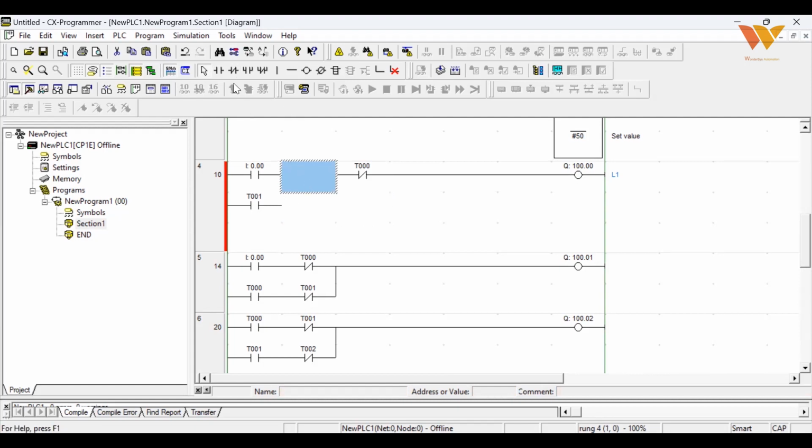Yes, ma'am. Okay. Now this is my T2. Parallel connection, where should it come? Here or here? After T0. After T naught. Okay.